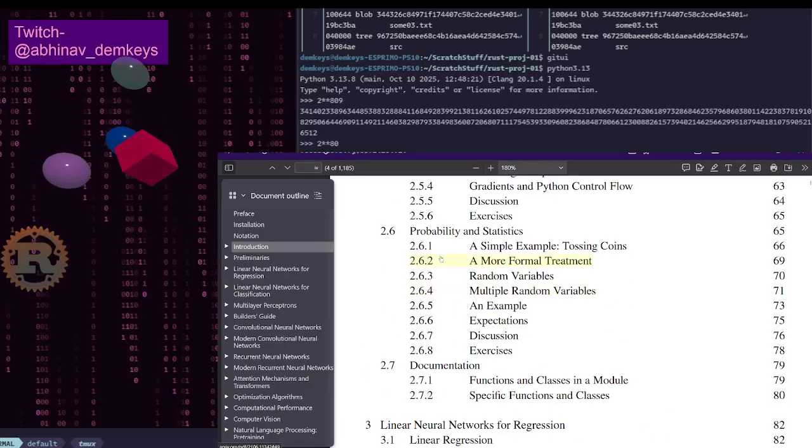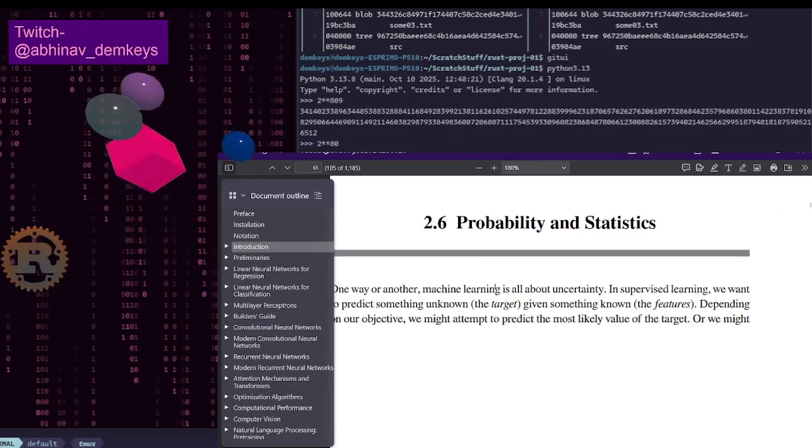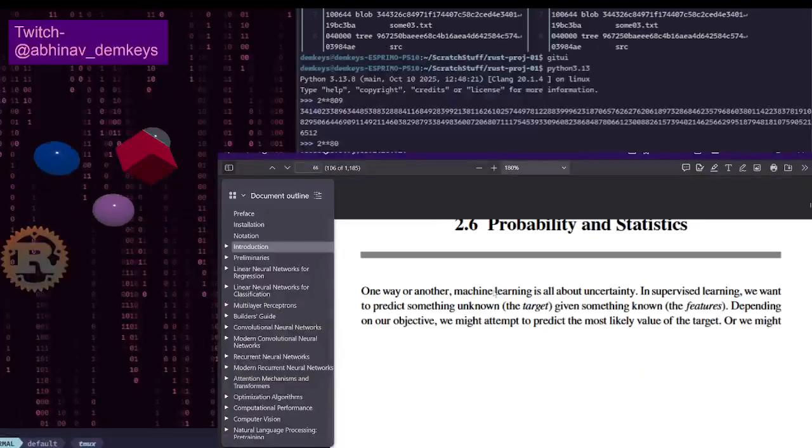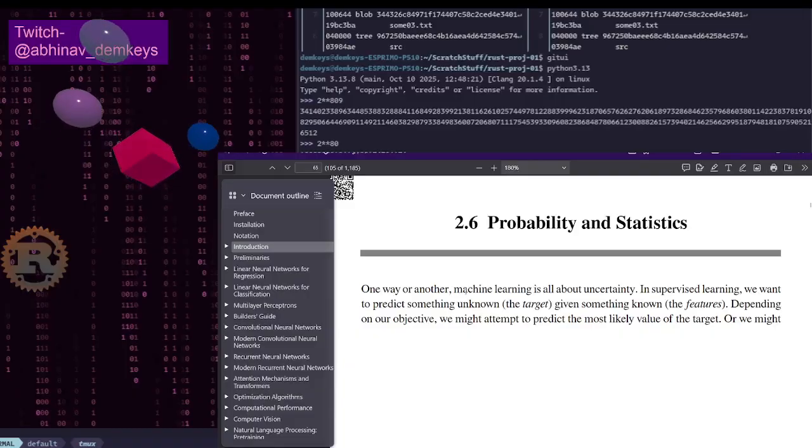So, okay, probability and statistics. What does it say? One way or another, machine learning is all about uncertainty. In supervised learning, we want to predict something unknown, which is the target, given something known, which is the features.